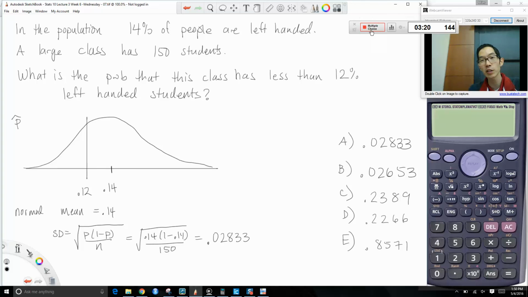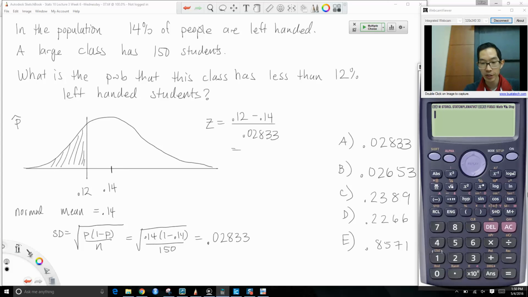And we are asking, what is the proportion of getting 12% or less? So I'm going to go ahead and hit stop on the timer here. And so our answer would take turning the 12% into a z-score. Okay, and if I did this correctly, I would get negative 0.02 divided by 0.02833.